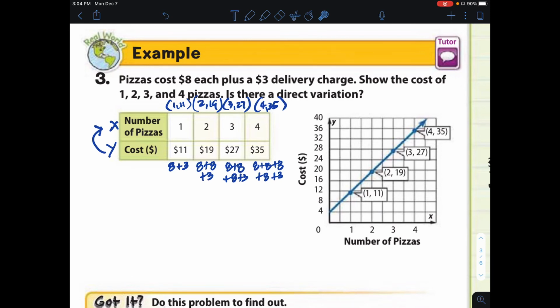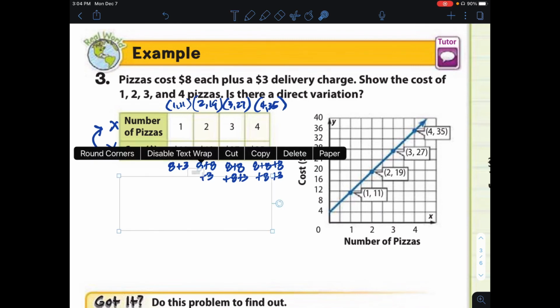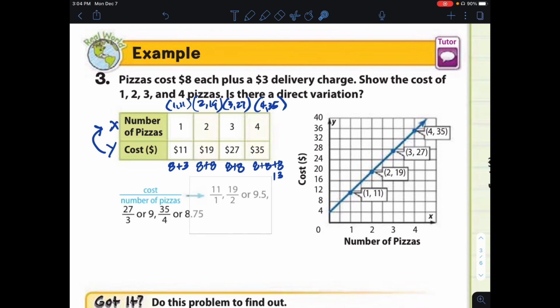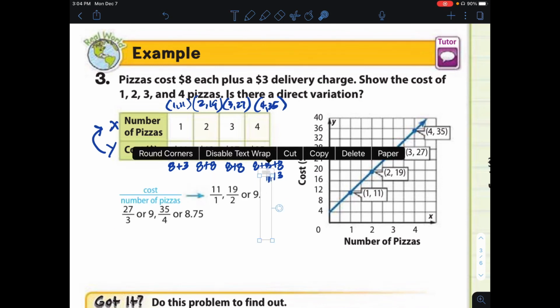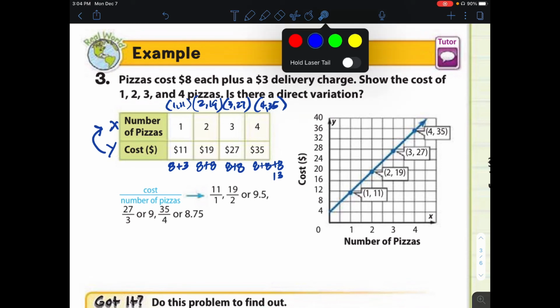Another way of looking at this is to see if we have a constant ratio. Again, x is the number of pizzas, y is the cost. So you have cost, which is your y over x.